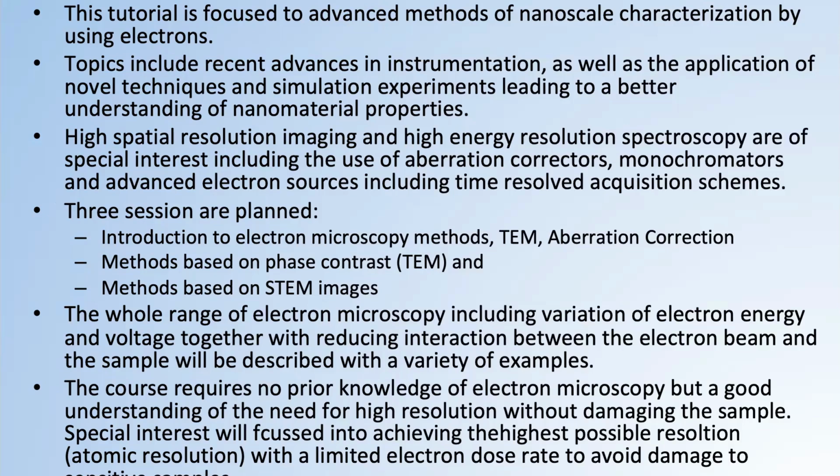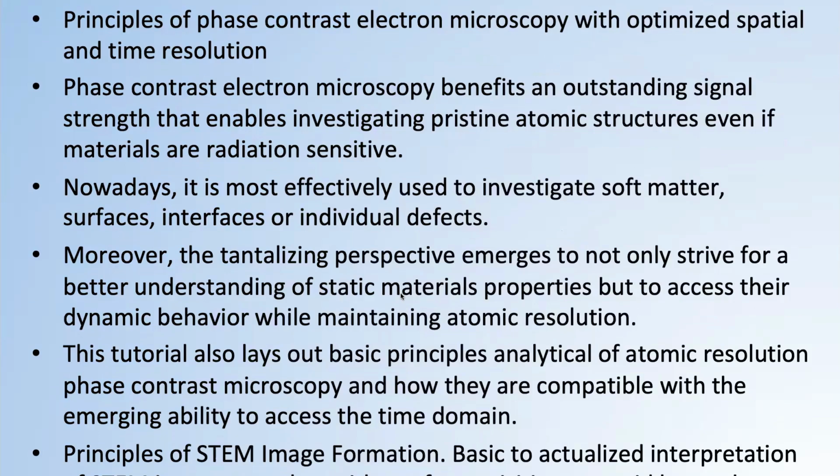Nonetheless, the images should be sufficiently clear, the analysis should be sufficiently exact, and for that we need a strategy. The tutorial will deal with such a strategy for both TEM and STEM images.